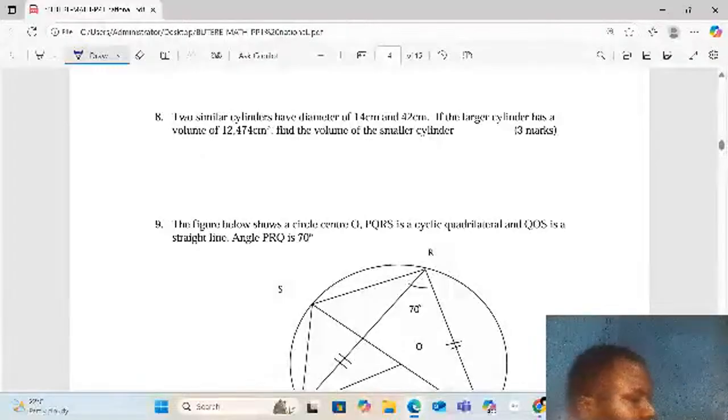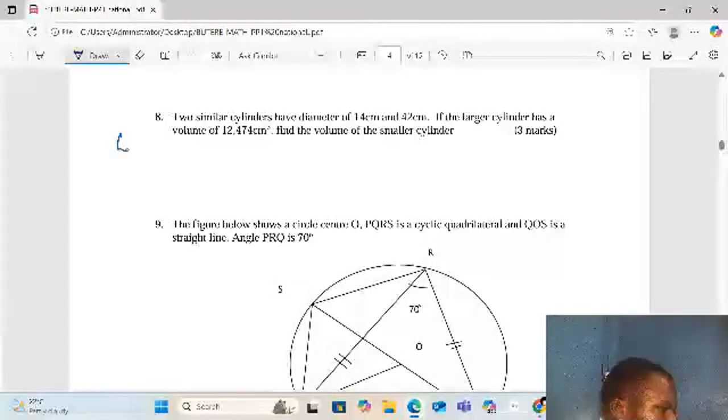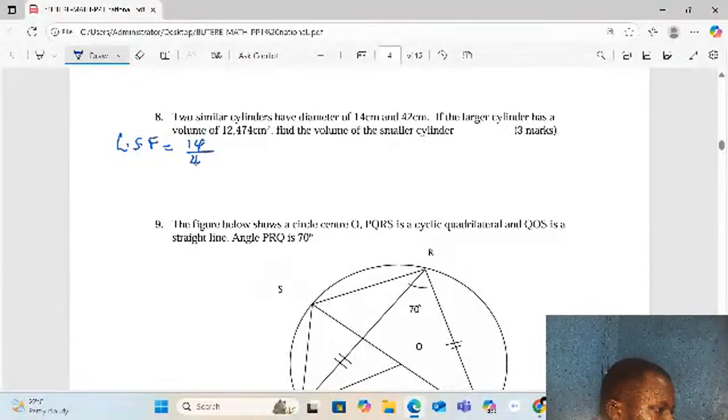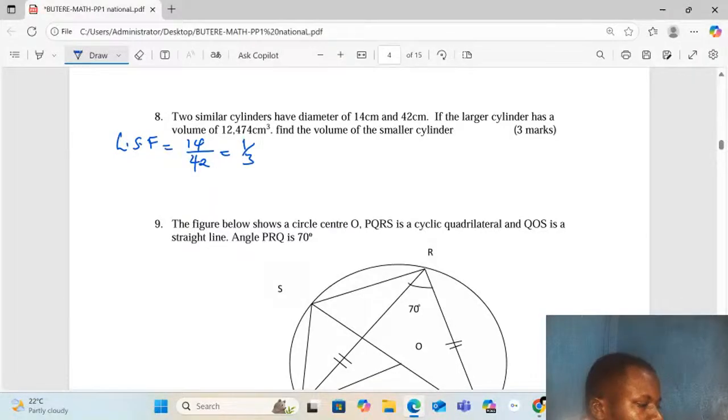Okay, we have the two diameters, 14 and 42. Therefore, we can look for the linear scale factor, which is the diameter 14 over 42. When you divide, we get a third. That is now our linear scale factor.